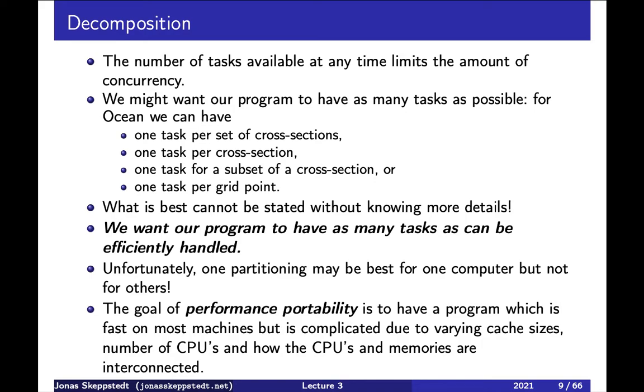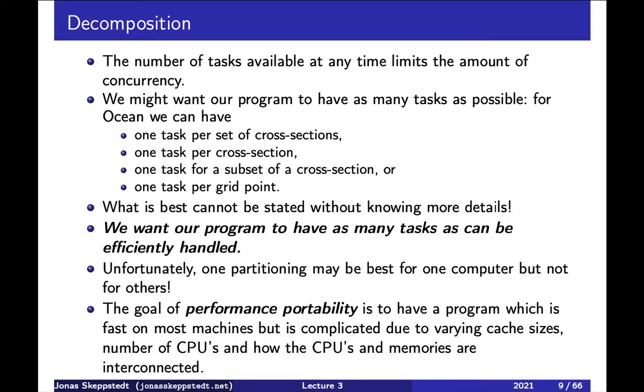We cannot know in advance what is the best decomposition, because it depends on which machine we are running on, and also on the input, of course. So what we can say is that we want to have as many tasks as the machine can handle efficiently. That's quite obvious, but it doesn't help us so much.